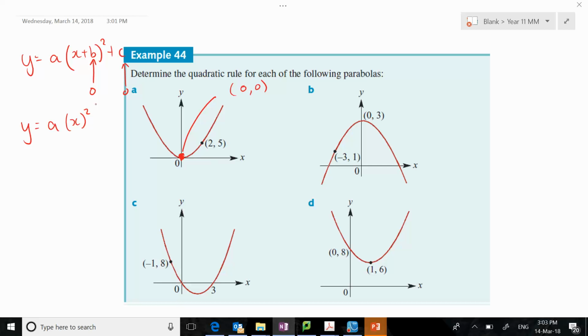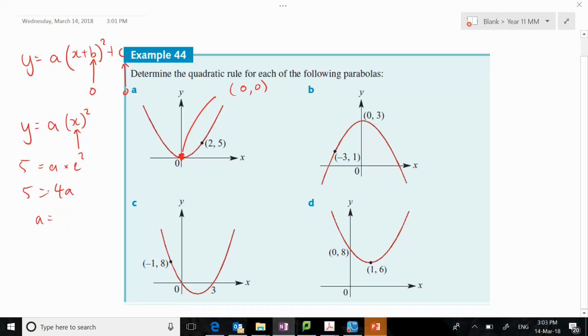See, I just used the turning point. I knew that's 0, 0. So now I know b and c are 0. How do I find a? Yeah. Why else did they give you 2, 5? Because they tell you when x is 2, y is 5. So all you have to do is just sub it in. Just exactly what you just did with me in the example. At 2, 5, you know that 2 squared times a has to equal 5. That gives you 4a equals 5. So a has to equal to?